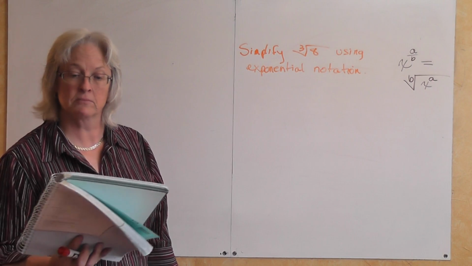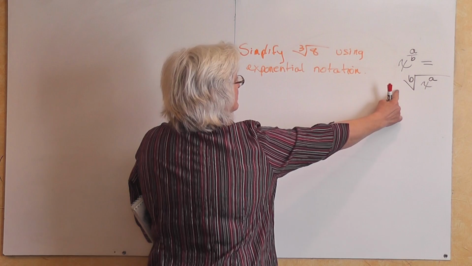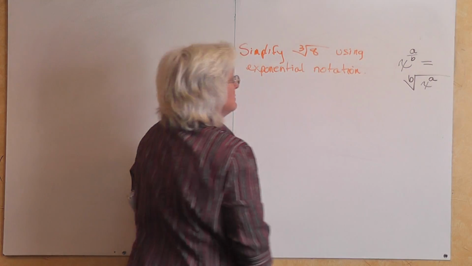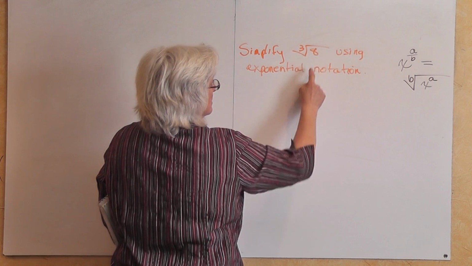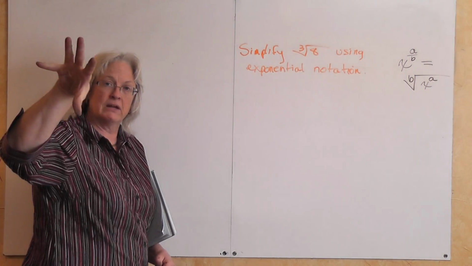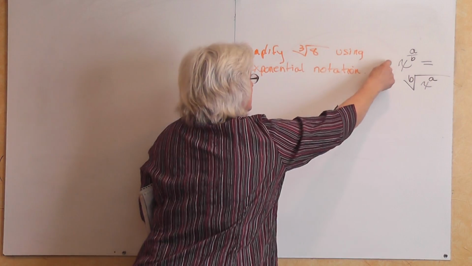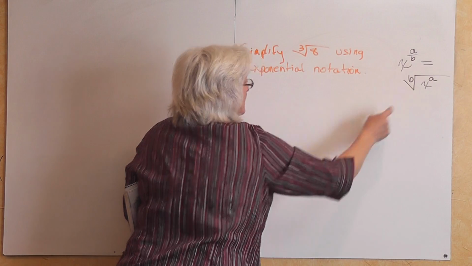So what are we going to do? Well, first, we're going to change from radical notation into this exponential notation. What's the base of our exponential notation going to be? It's going to be that number that's underneath the symbol, the radicand.